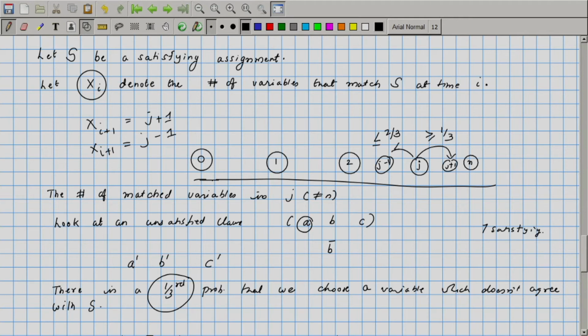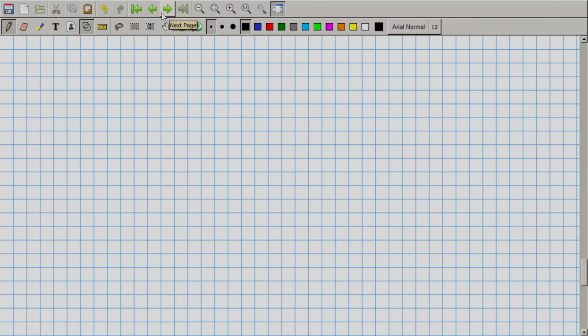We need to ascertain the success probability, that is, if you do a random walk on this particular graph, what is the probability that you will hit n? When you hit n, it means we have reached the satisfying assignment S.